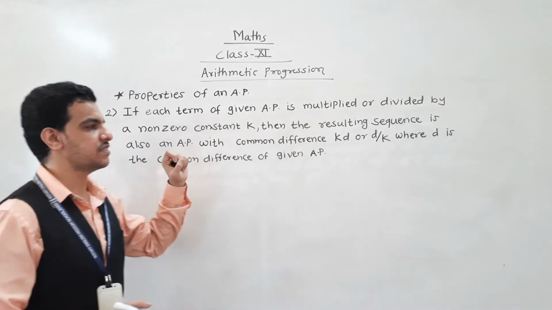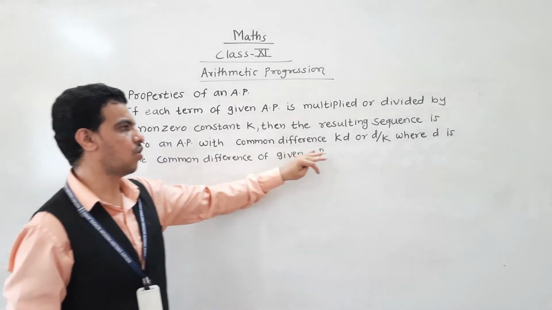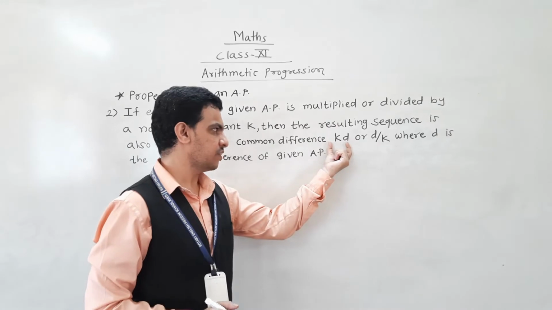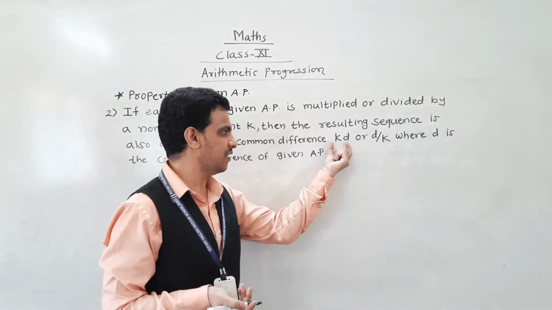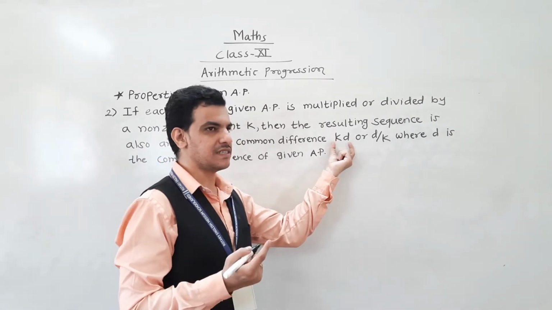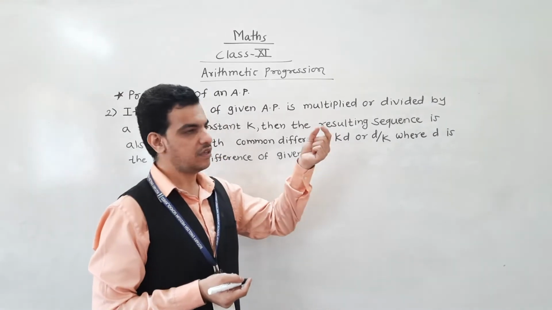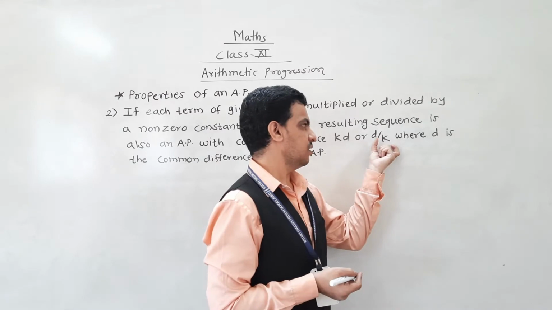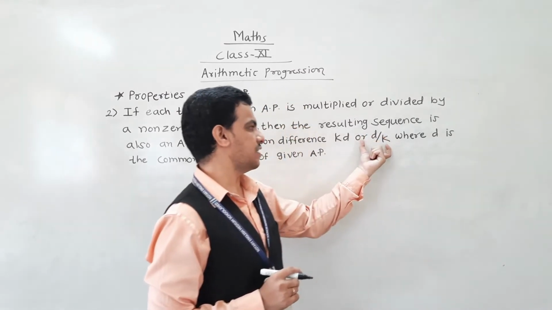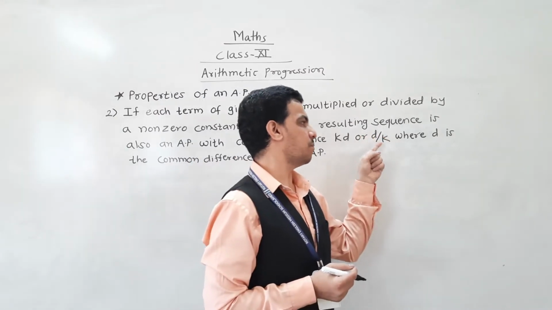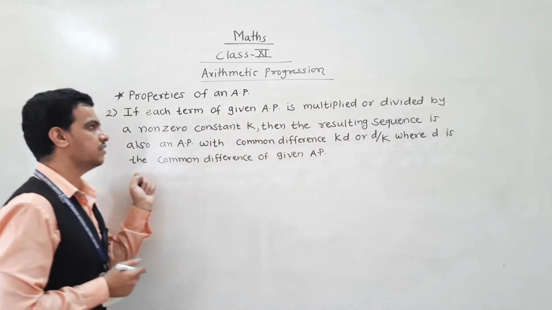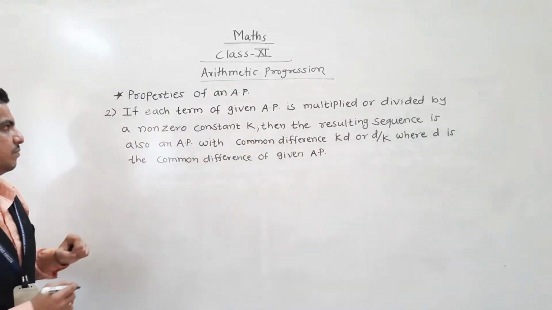When we multiply by k, the common difference of the resulting sequence is k into d, and if we divide by k, the common difference is d upon k.